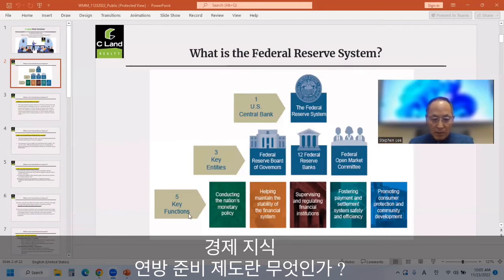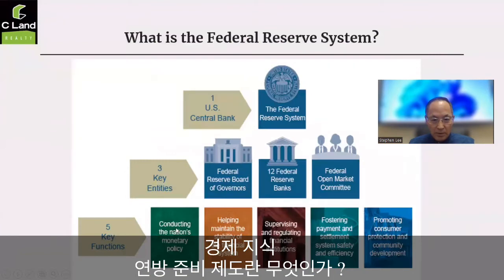And basically what they do is five key functions. First, conducting the nation's monetary policy, of course, that's what we expected. Secondly, helping maintain the stability of the financial system. Sounds good too. Third, supervising and regulating financial institutions. Also makes sense. Fourth, fostering payment and settlement system safety and efficiency.